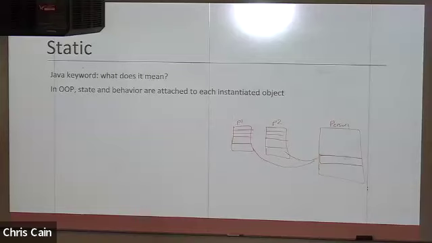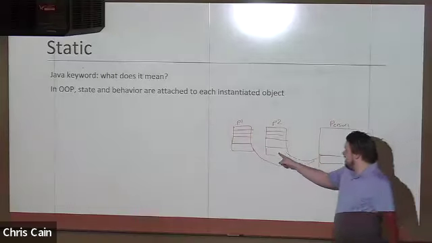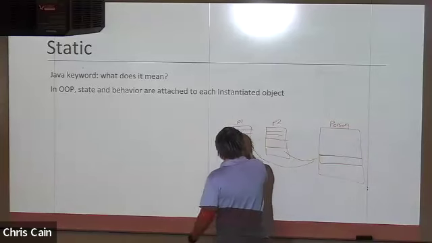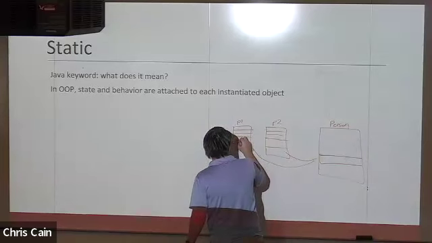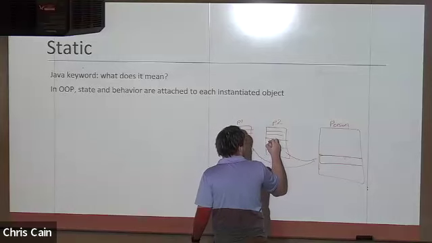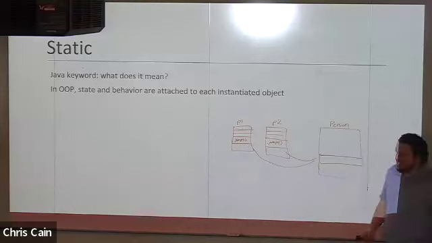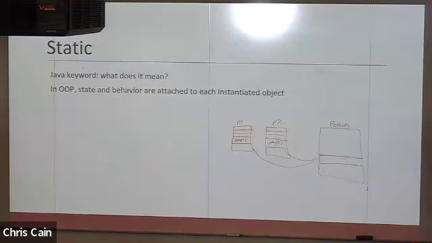And if you try to access something that is duplicated amongst each person object, so maybe we have a jump. Person one is an Olympian and they can jump really, really high. Person two is me. I cannot jump very, very high.